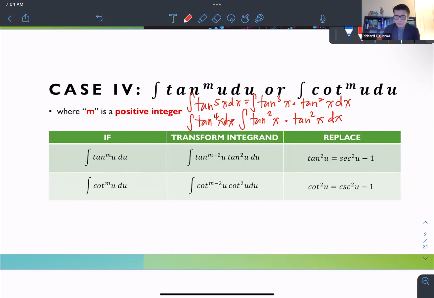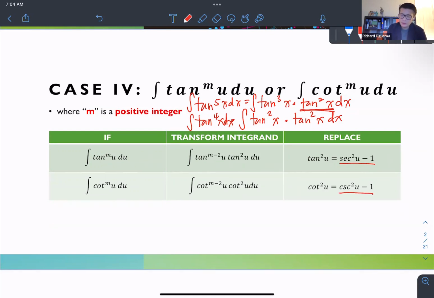And then afterwards, we're going to replace the tangent squared with secant squared u minus 1, or if it is cotangent, that would be cosecant squared u minus 1.